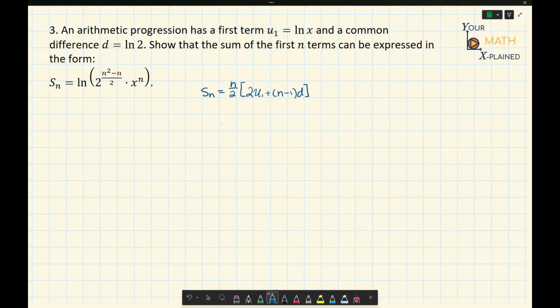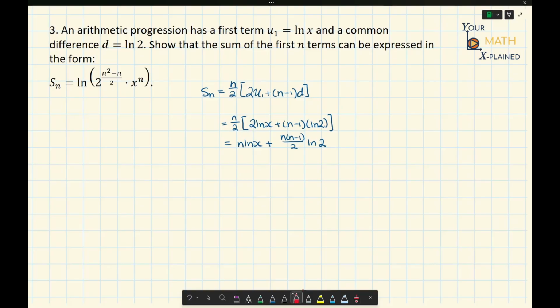Now substitute in the values that we have. This is n over 2 times 2 times ln of x plus n minus 1 times ln of 2. If we distribute the n over 2 into the bracket, we end up with n times ln of x plus n times (n minus 1) over 2 times ln of 2.